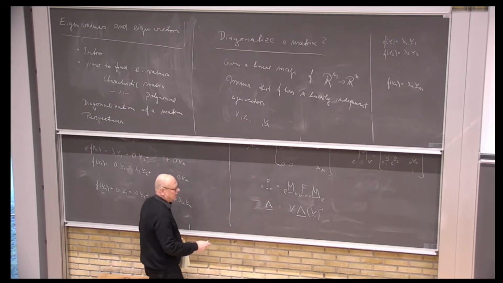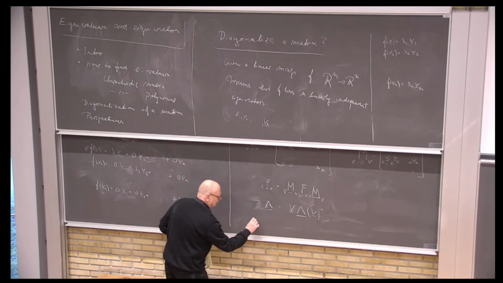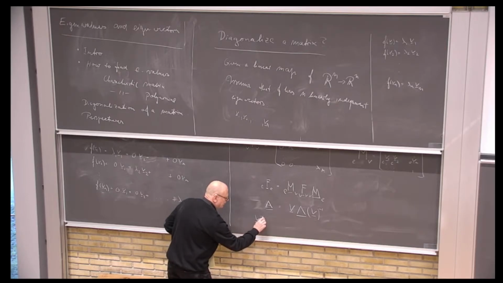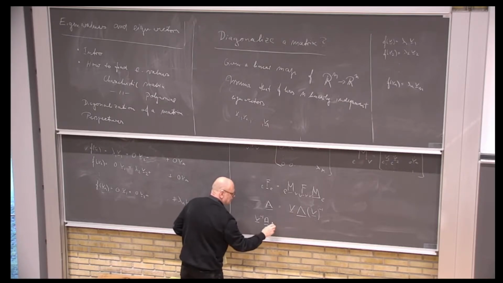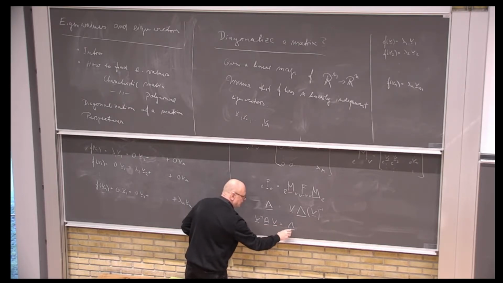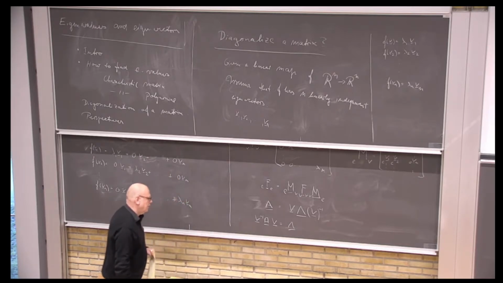So you can do that. So let me multiply A by this one, then you get the identity matrix. And if I post-multiply it by V, I get this one.